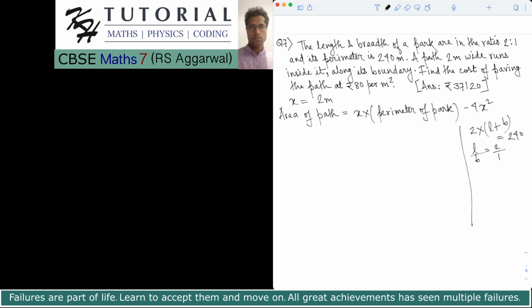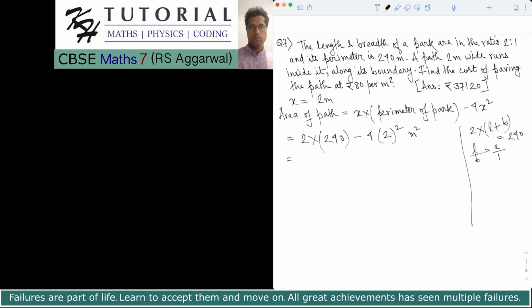So 2 multiplied by the perimeter of the park, which is 240, minus 4 into 2 square. So this much meter square will be the area of the path.